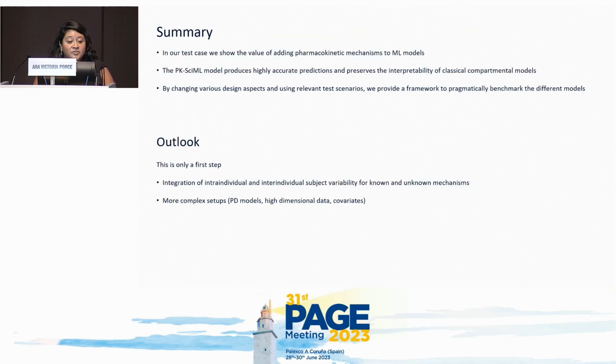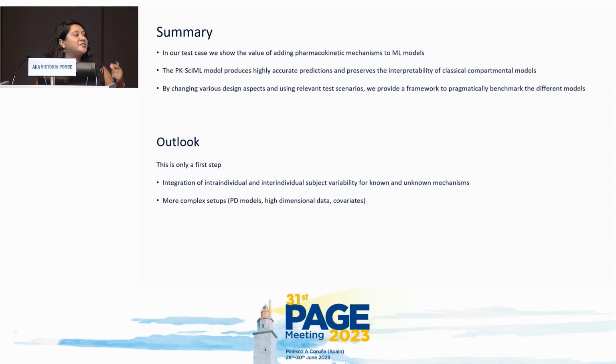So, in summary, we have shown the importance of adding mechanistic knowledge into machine learning models. We have seen that this type of architecture can produce highly accurate predictions, and by changing all the different methods and design aspects, we were able to analyze the model performance of all the different architectures.